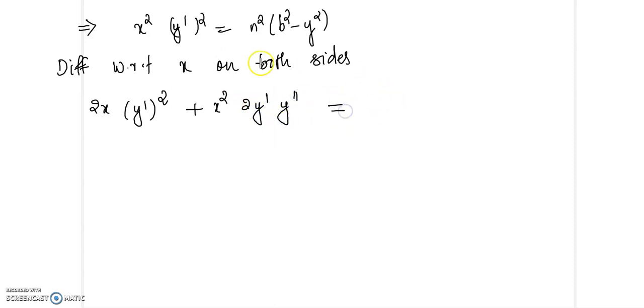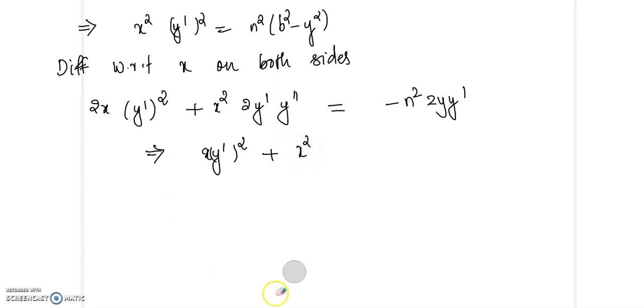So that is equal to n square b square into derivative, 0 out, so minus n square 2y y dash. So 2 will cancel off. So you will get x y dash whole square plus x square. Okay, one y dash cancels out throughout. So 2y dash will cancel out in each term.